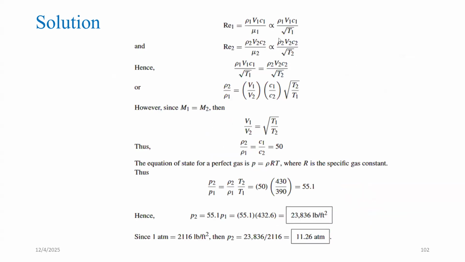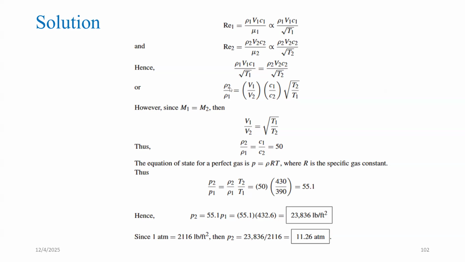Again, we can compute the Reynolds number. The Reynolds number is proportional to rho V L over mu. From that, we can directly substitute temperature instead of mu. So applying temperature, we can compute this.